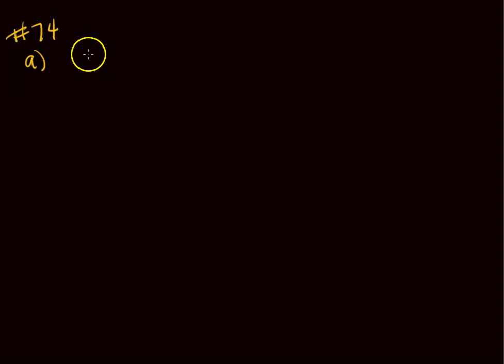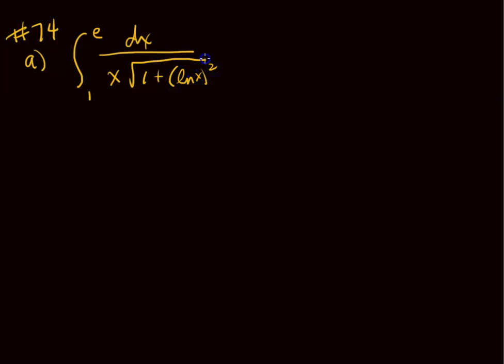And then there are some approximations we can use to inverse trig functions. I guess there are different definitions, and then we can use that. But we're going to start with this from 1 to e dx over x times the square root of 1 plus ln x squared.